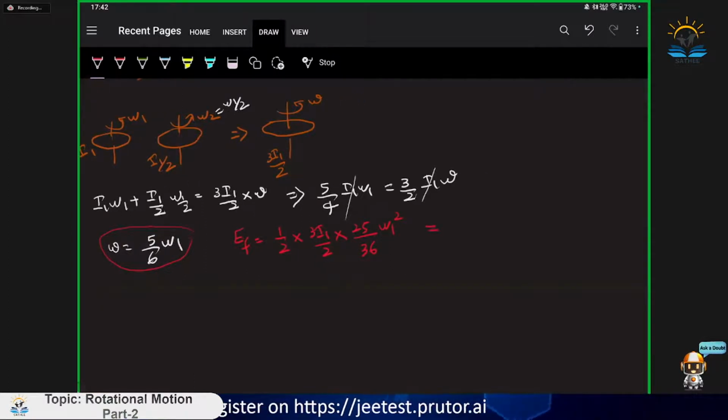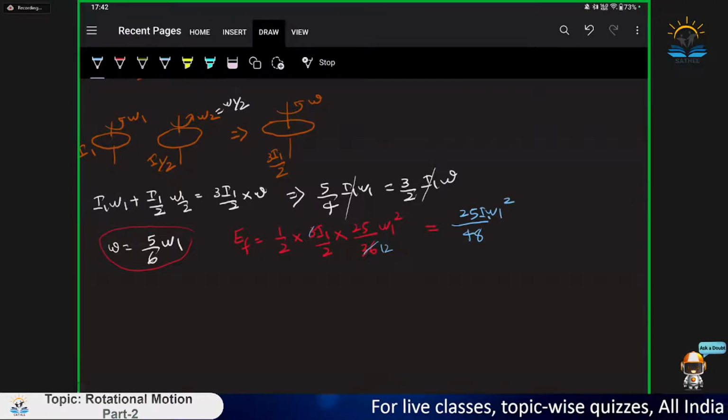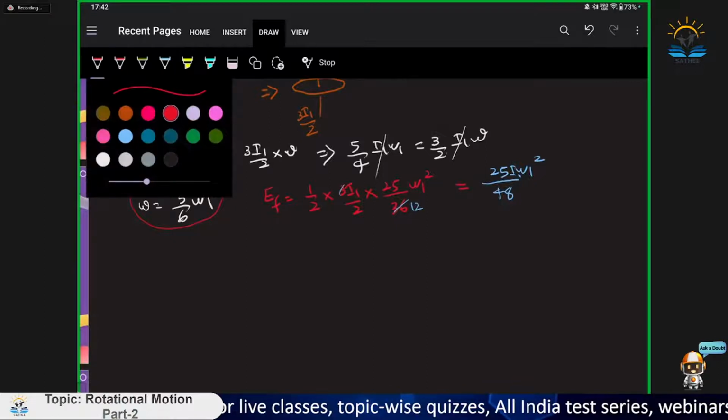We can cut 3 and 12. This will be 25 divided by 4 into 12, 48, I1 omega 1 square. And what is the initial kinetic energy?